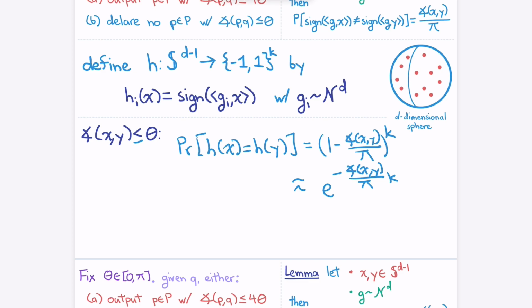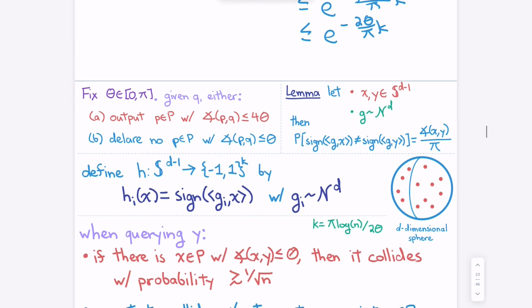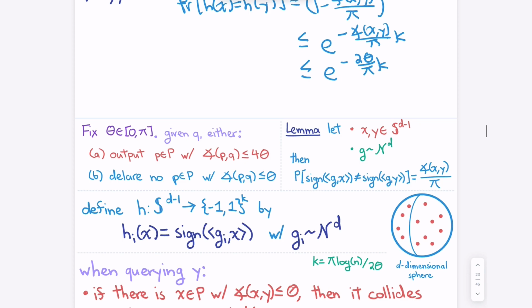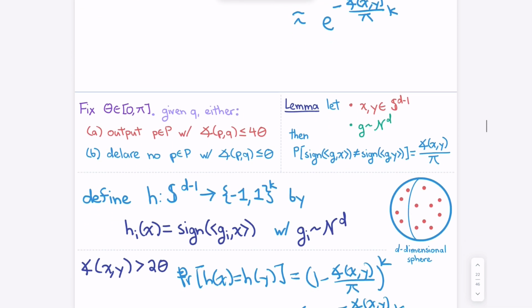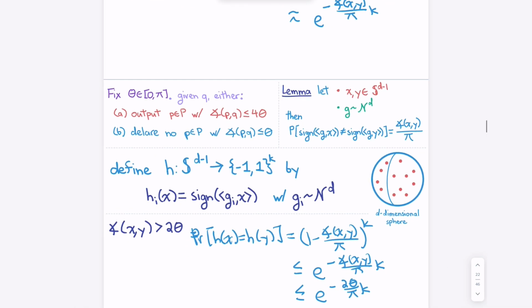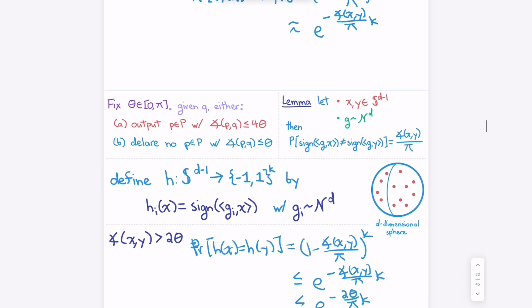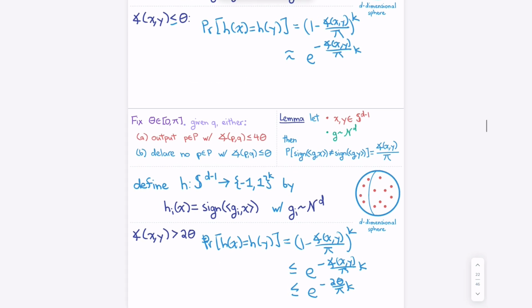So that's fine. And now if I compare, okay, let's look at these two things, right? Is this a good view?